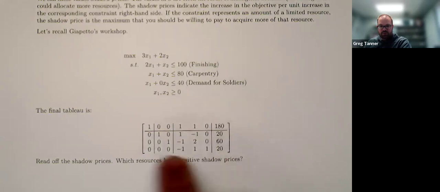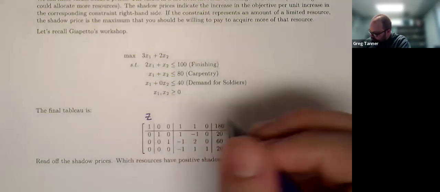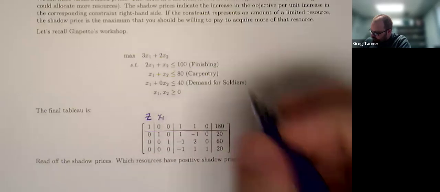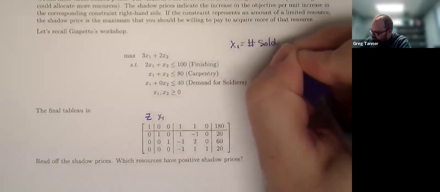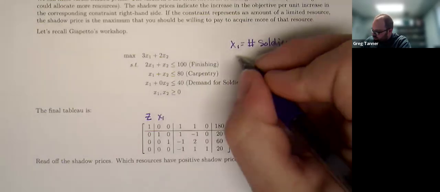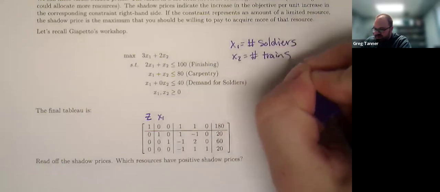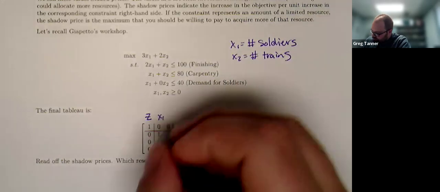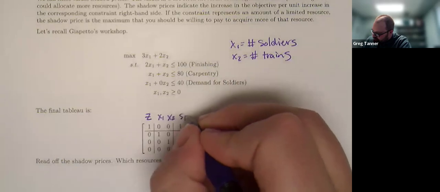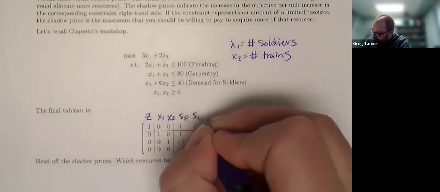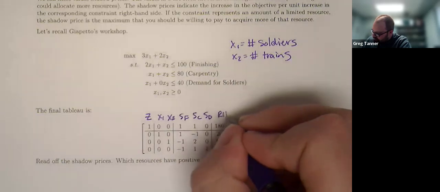Let's label this tableau: column Z, X1, where X1 is the number of soldiers, and X2 was the number of trains that Geppetto is making in his toy shop. Then we've got slack for finishing, slack for carpentry, slack for demand, and our right-hand side.